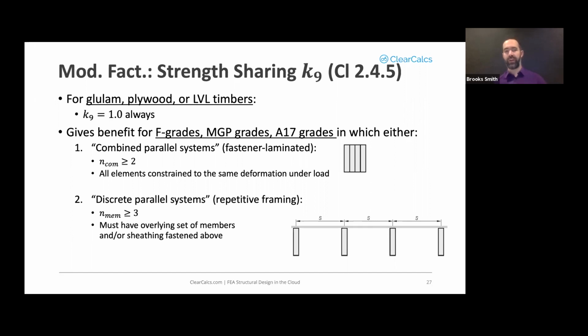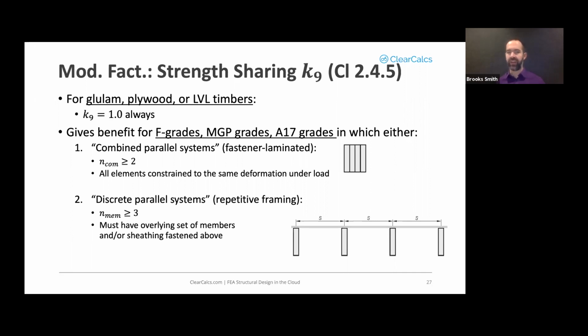This factor, however, does give benefit to F grades, MGP grades, or A17 grades, in which you have a combined parallel system, as the standard calls it, basically meaning if you have multiple members fastened together, then you can take advantage. The standard does not actually say how many fasteners you need or any more specific clause for how well fastened that needs to be.